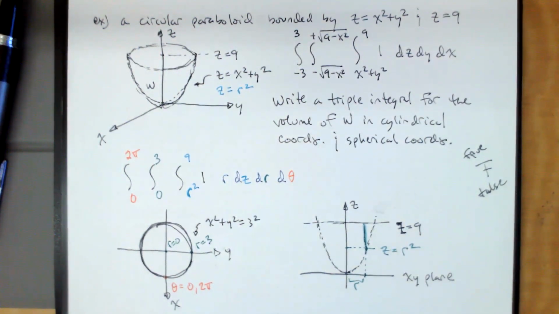We'll integrate theta from 0 to 2 pi. And we'll integrate z from r squared to 9. Bottom to top, inside out, beginning of the circle, end of the circle. Any questions? Is everybody okay?